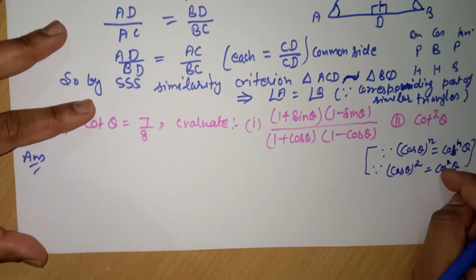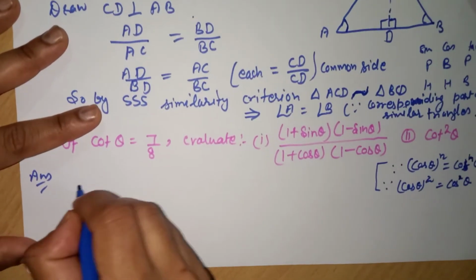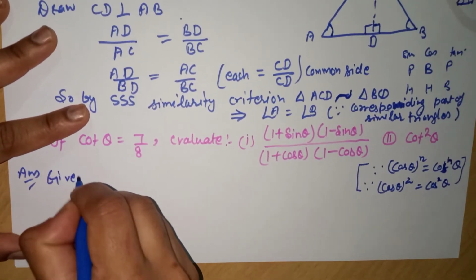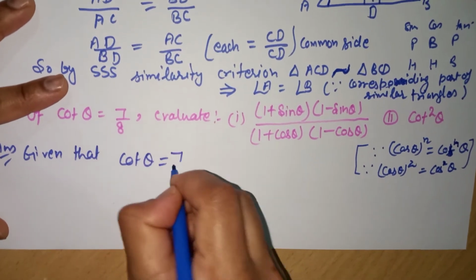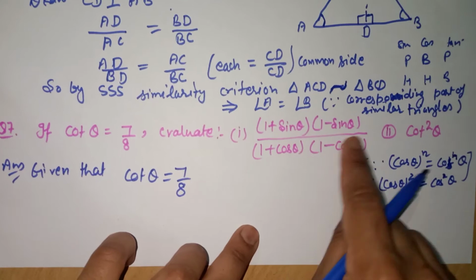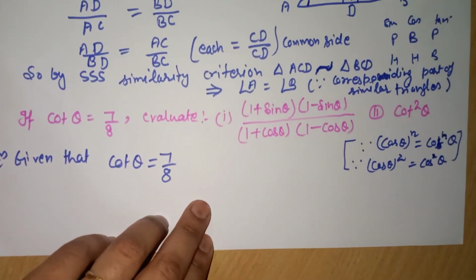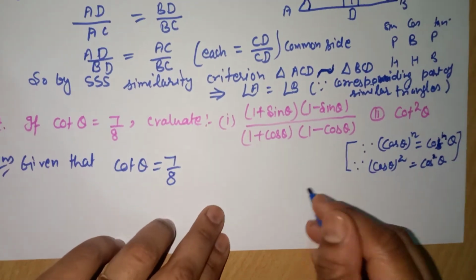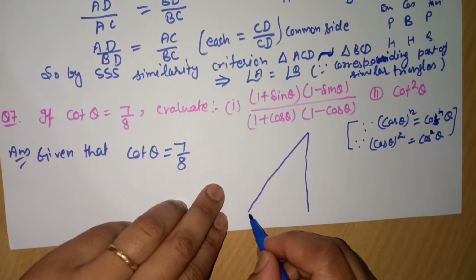We will square the term cos here. So let's start. Given that cot theta is equal to 7/8, for this we have to find the values of sine and cos here, and to find the value of sine and cos we will draw a right angle triangle and find the value of the third side. So let's draw a right angle triangle.